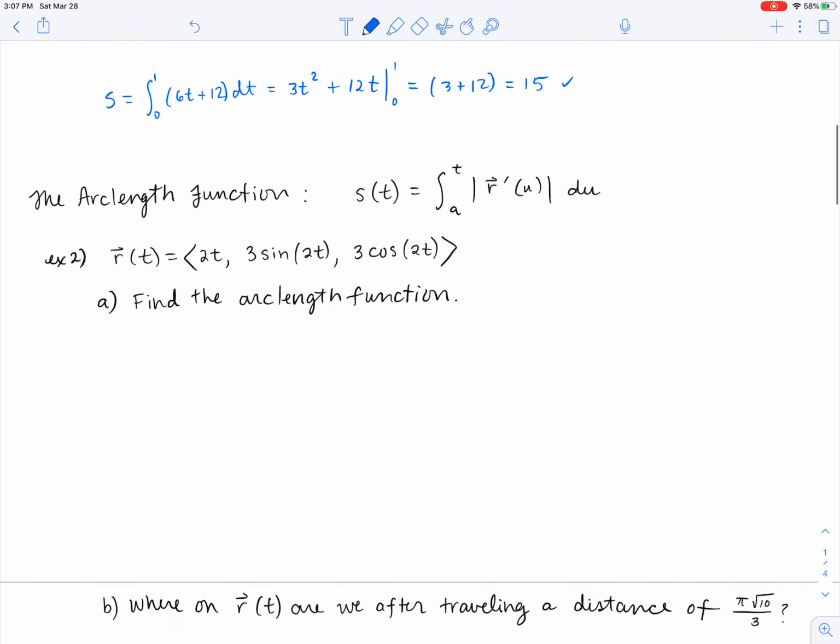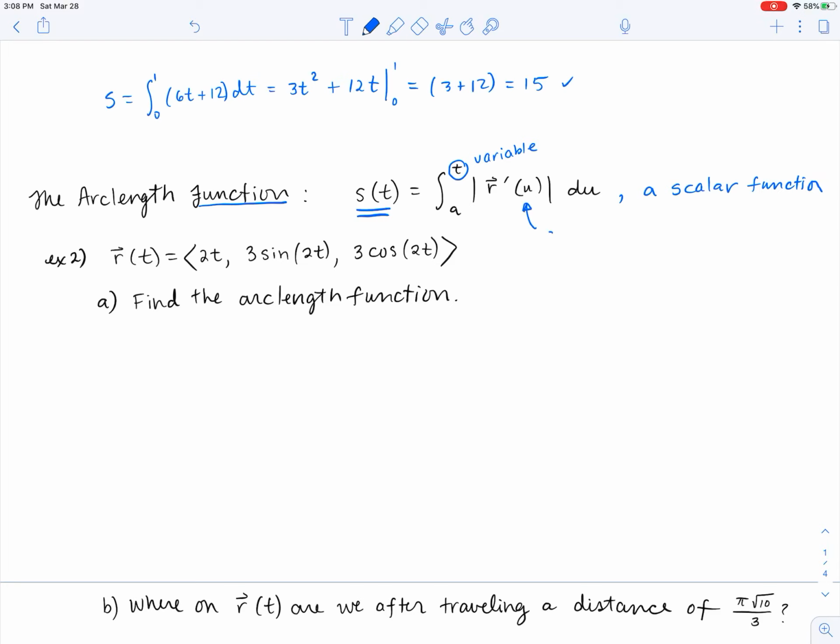However, if we're talking about the arc length function, this is still a scalar, but it's a scalar function. In other words, we're going to have a formula for arc length, and t will be our variable.